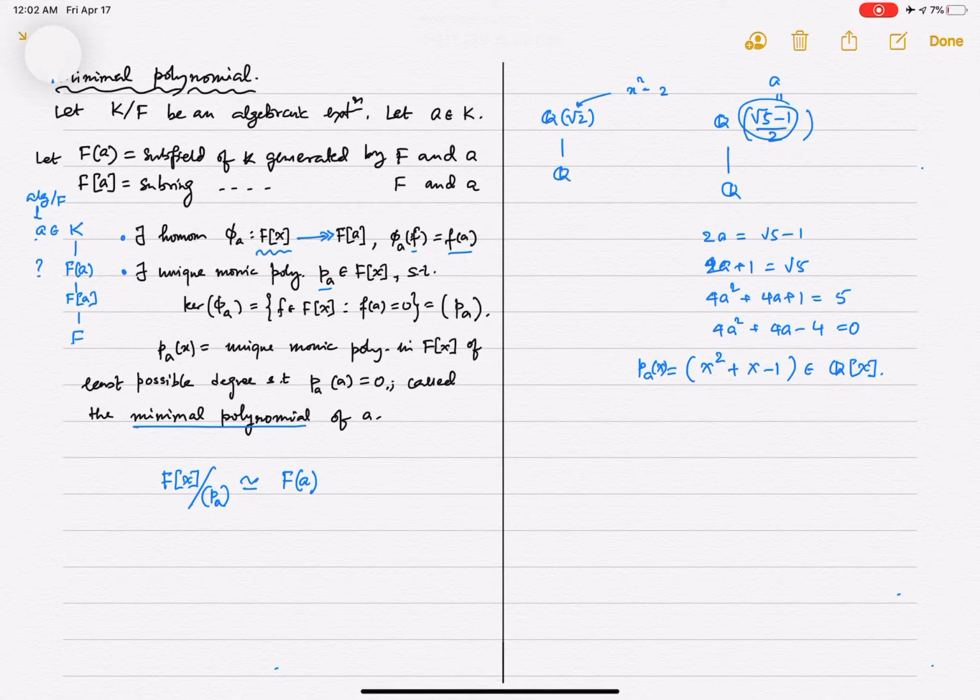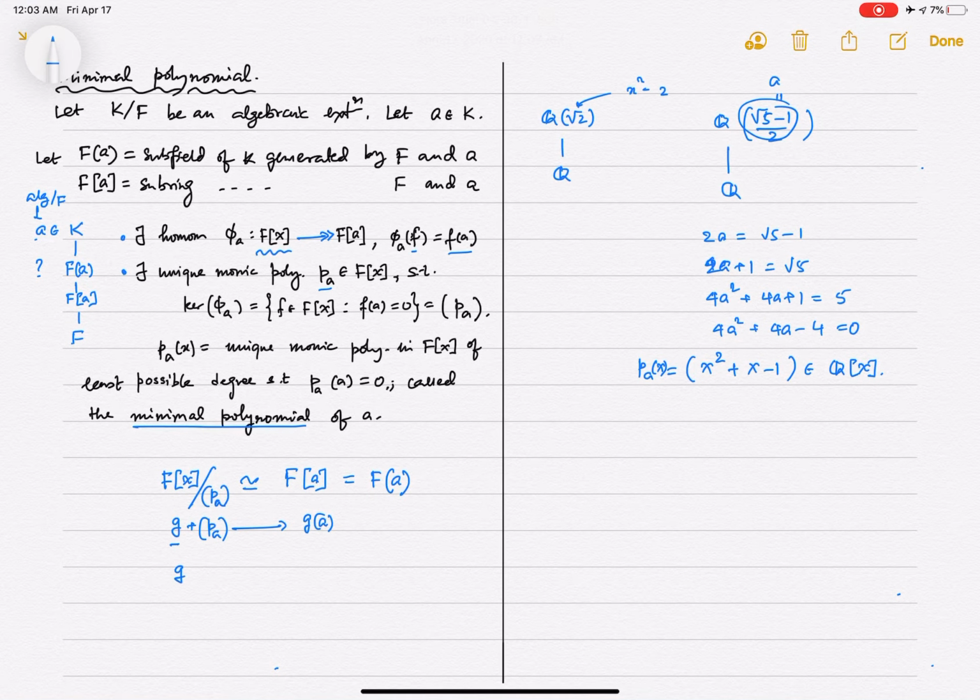In fact, it's also equal to f[a]. To begin with, we didn't know that, but after some discussion we discovered that as well. This isomorphism is really taking the class of a polynomial to the value of any representative at a.